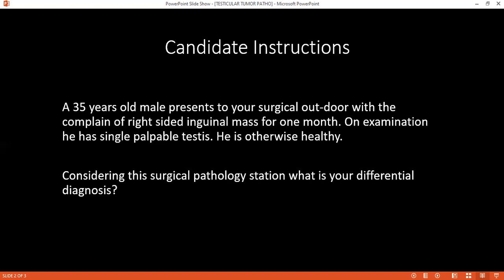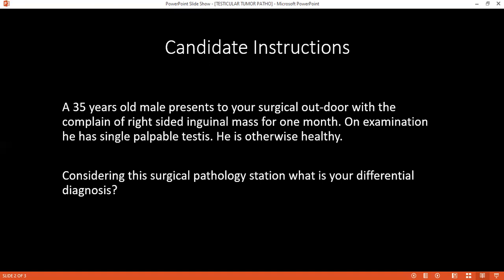Undescended testis is present in its pathway from abdomen to scrotum through the inguinal ring, but an ectopic testis is present outside the pathway, maybe in the femoral area or the perineal area or superficial to the inguinal canal.